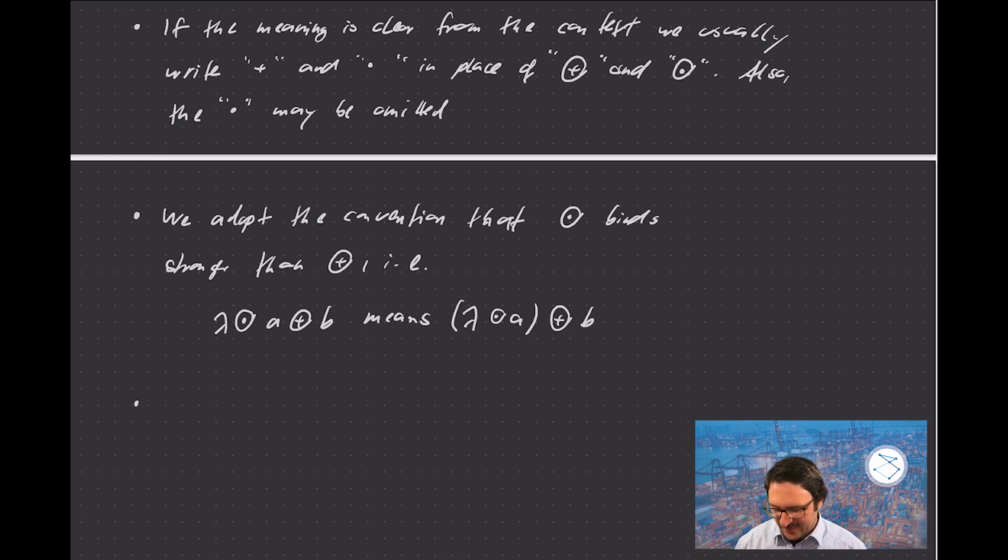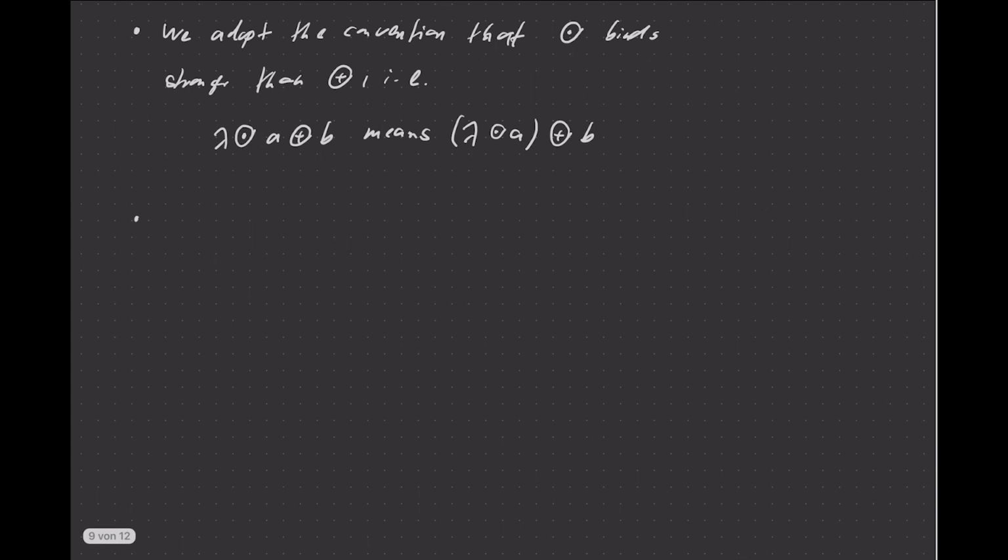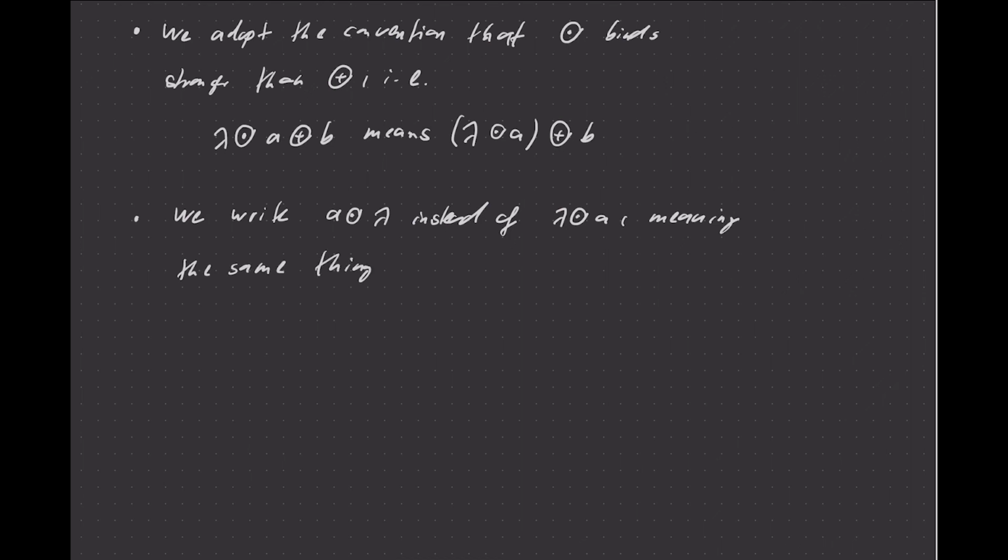And that's, again, a convention that we'll adopt. So we write a times lambda instead of the correct way, lambda times a. But we mean the same thing. So we just use whatever is more convenient in the given context.